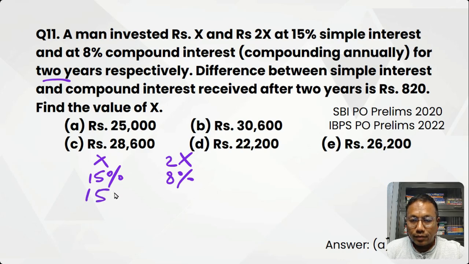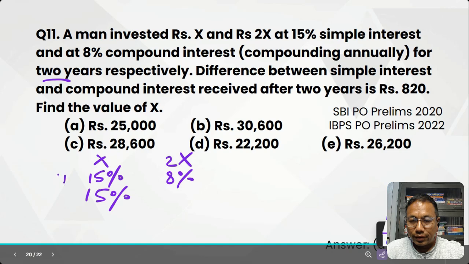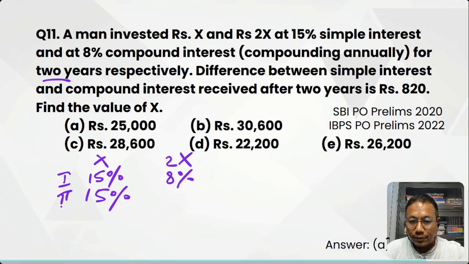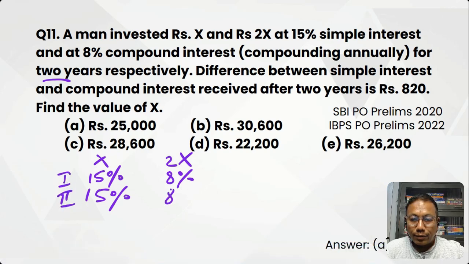15%, this is first year. This is for the second year, 8%. 8% of 8 is 0.64.